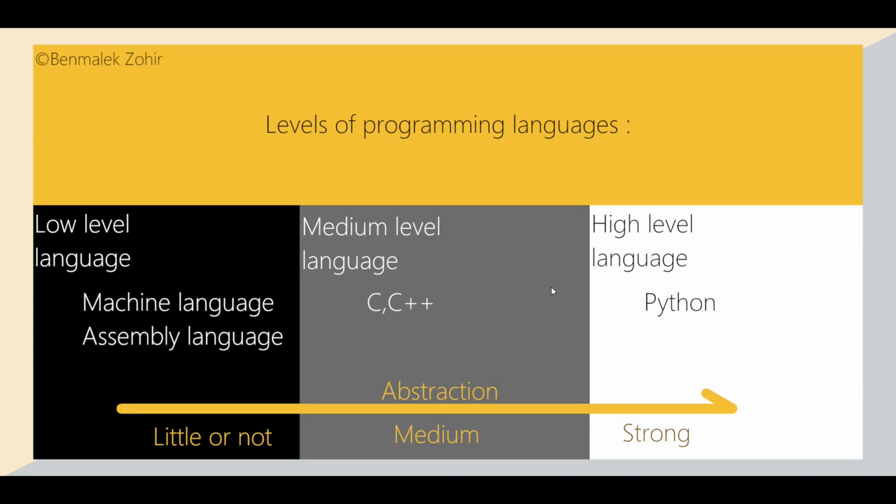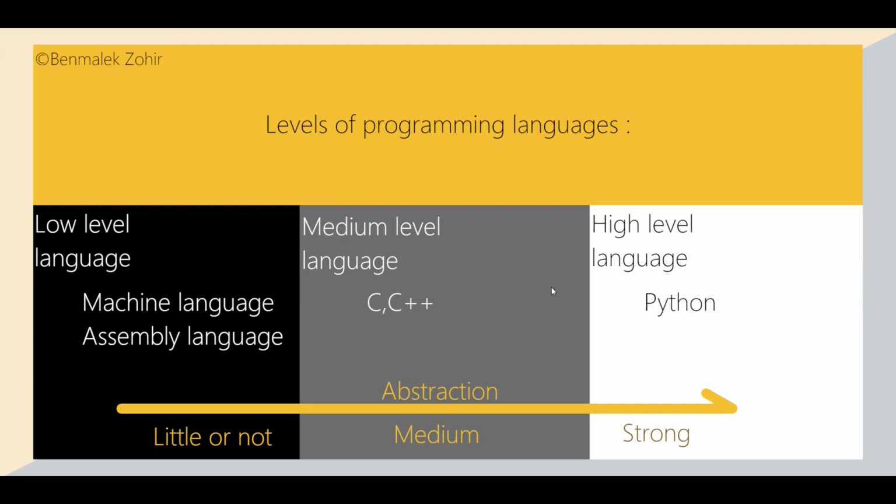On the middle-level languages, we have C and C++, where the abstraction is medium. It's medium because at some point we are able to use pointers, if you know them. A pointer interacts with the memory of the system, so it's interacting with the hardware. So at some point it is a low-level language.